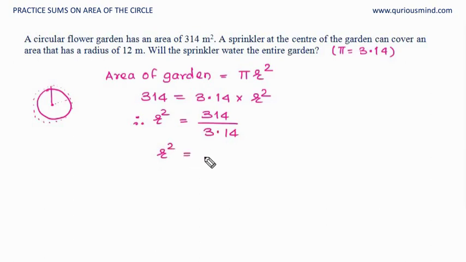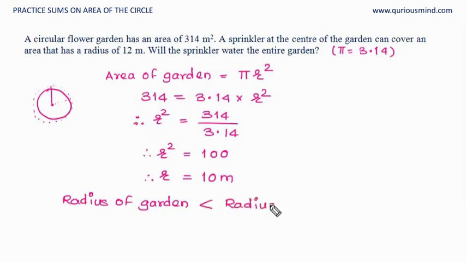So r square is equal to 100, and therefore r is equal to 10 meters. Now we see the radius of the garden is less than the radius of sprinkler. And therefore sprinkler is sufficient to water the garden.